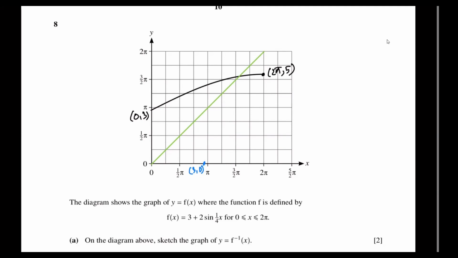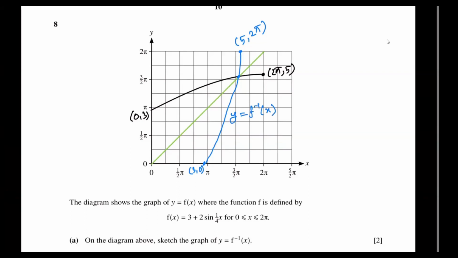So (5, 2 pi) is here. And this is the intersection. So use this one for the graph. Okay? That is the graph of y equal to f inverse x.